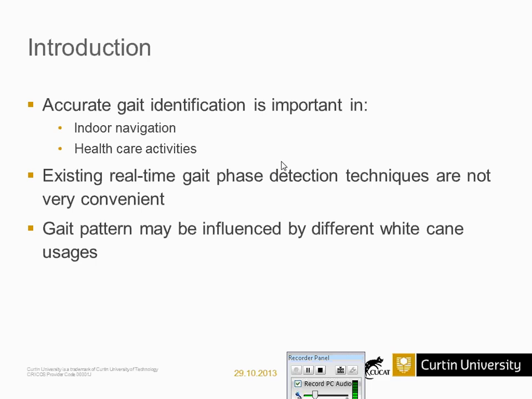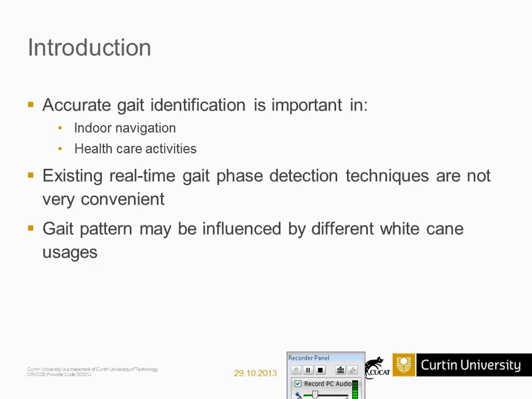Existing real-time gait phase detection systems are not very convenient in two ways. I will show you in later parts of this presentation. There are two main approaches. One is non-real-time, which uses huge equipment, and the techniques that people are using at the moment are not as convenient as dropping something into your pocket.